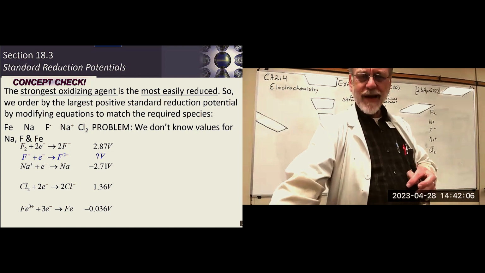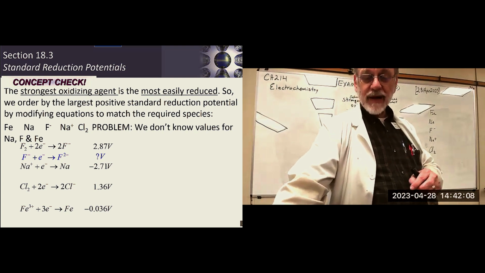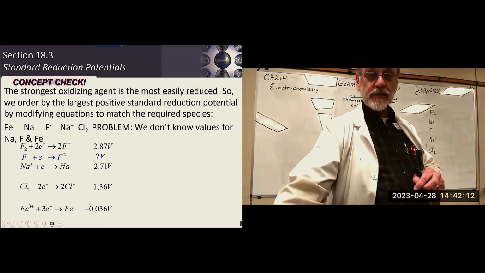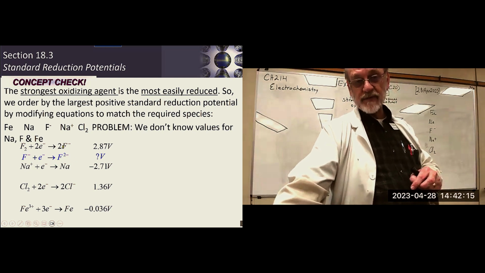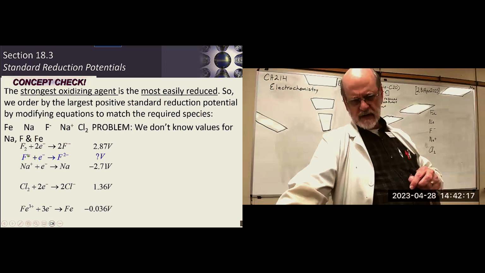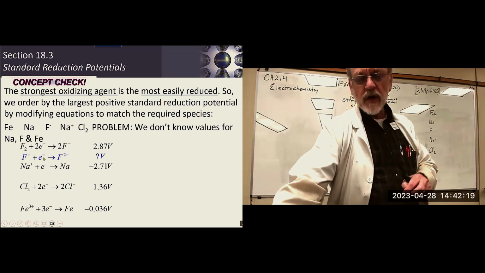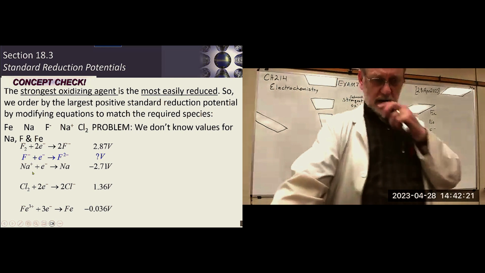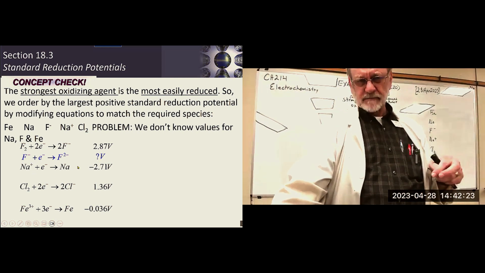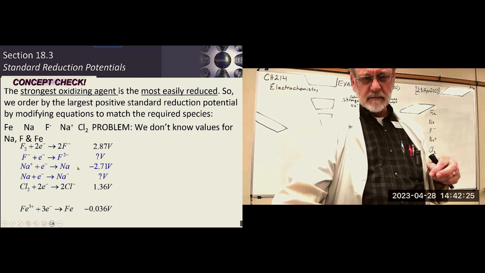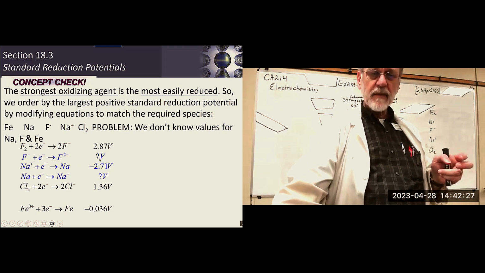If we flip this one around and we divide by 2, then we need to get a voltage. What is the voltage for this process? Because it's the opposite. Well, no, first we've reduced it to 1 electron. Okay, we're trying to match electrons, right? We don't know what the voltage is there.